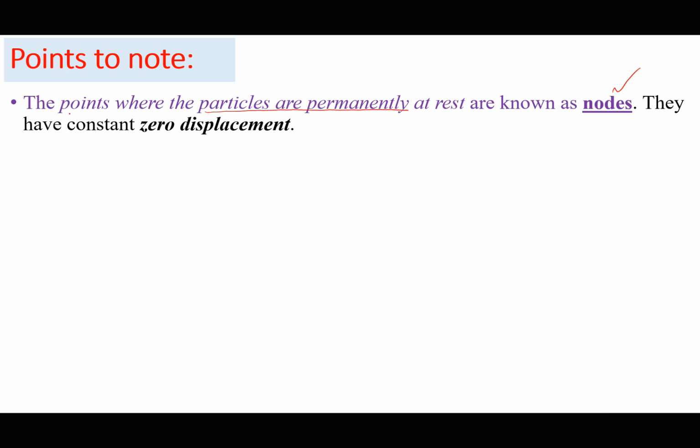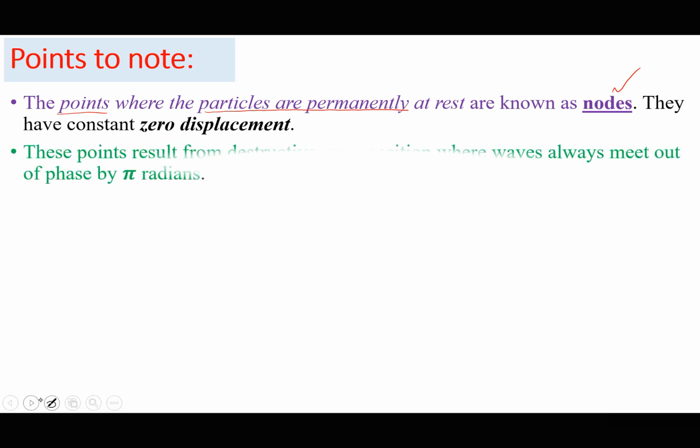Points or regions where particles are permanently at rest, we have called the nodes. And of course, these points result from what we call destructive superposition or destructive interference, where waves always meet out of phase by pi radians.